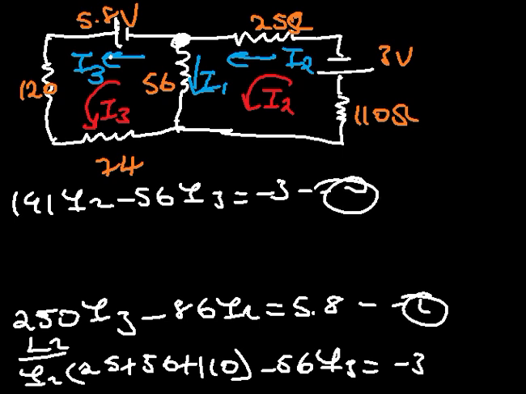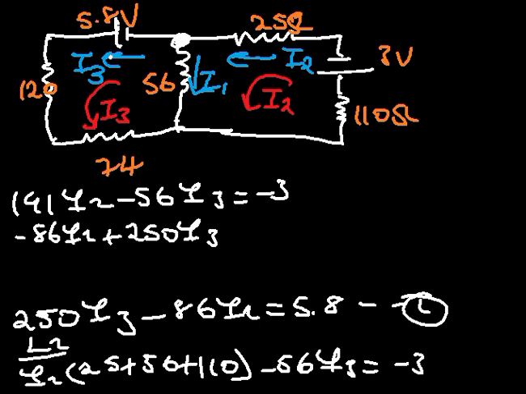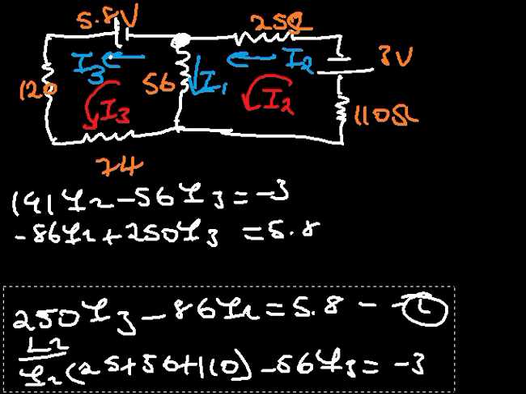This is equation 2, of course, and this one should be equation 3, because equation 1 was that of the junction law. So we have this equation, and we also have this one, and we just have to combine them. So we'll have negative 86 I2 plus 250 I3, which is equal to 5.8. That's the principle behind all this.